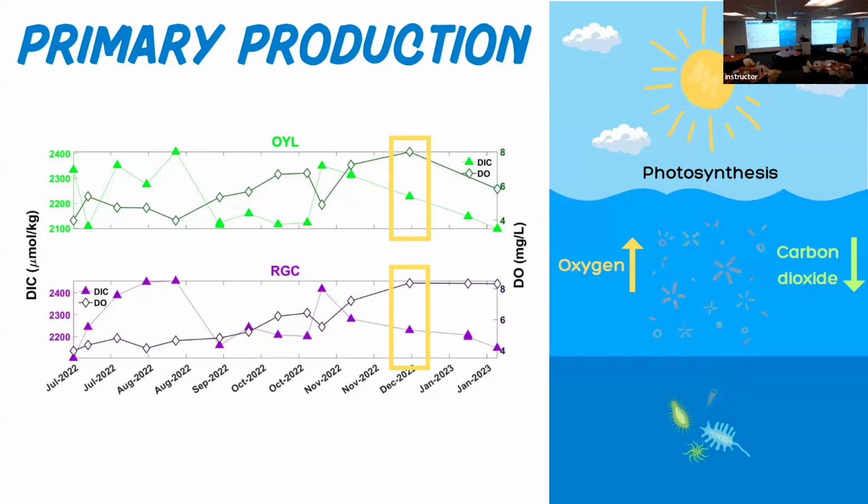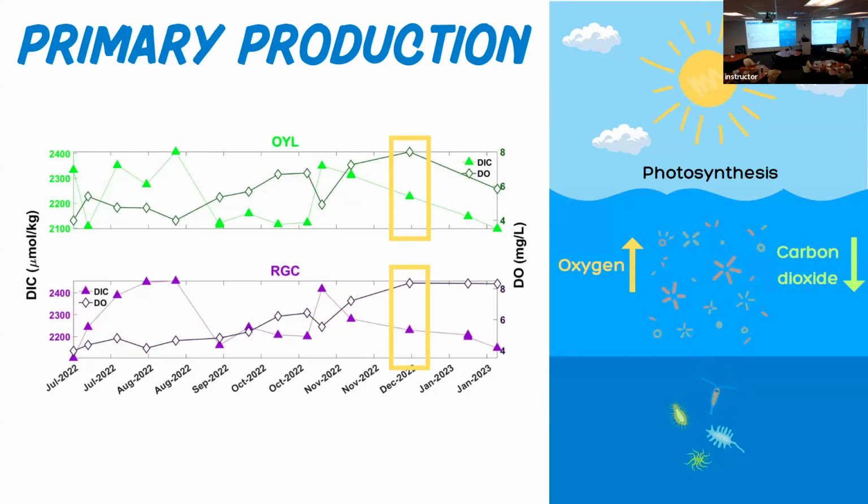One of the things I wanted to point out that we found through looking at this data is that one of the processes that could potentially affect the carbon in the water is primary production, or photosynthesis. When photosynthesis happens, we have sunlight and oxygen increases from our primary producers, who are producing oxygen and taking up carbon.